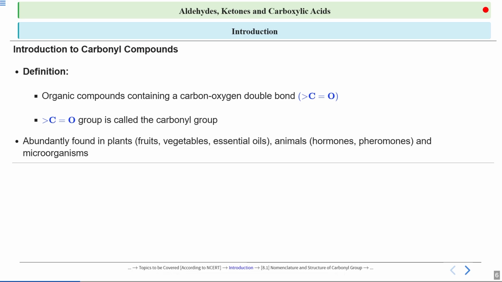They also play a significant role in the animal kingdom, such as in hormones and pheromones. In addition to plants and animals, carbonyl compounds are also found in microorganisms. You can see their versatility and importance in both natural and industrial contexts.